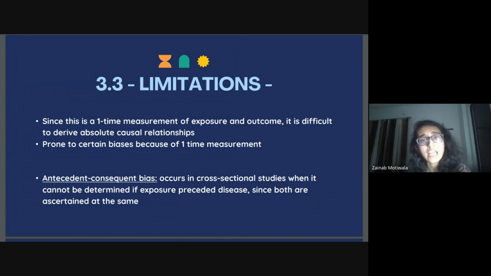One of the most important biases here is the antecedent consequent bias, which occurs in a cross-sectional study design where it cannot be determined if the exposure actually occurred before the disease, because both are ascertained and looked at the same time.